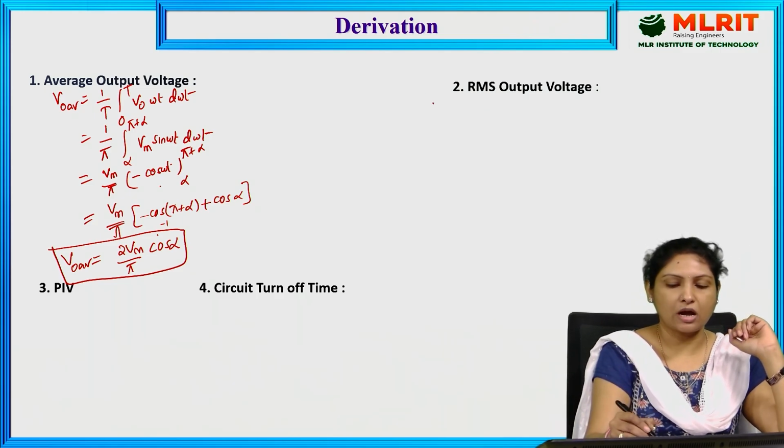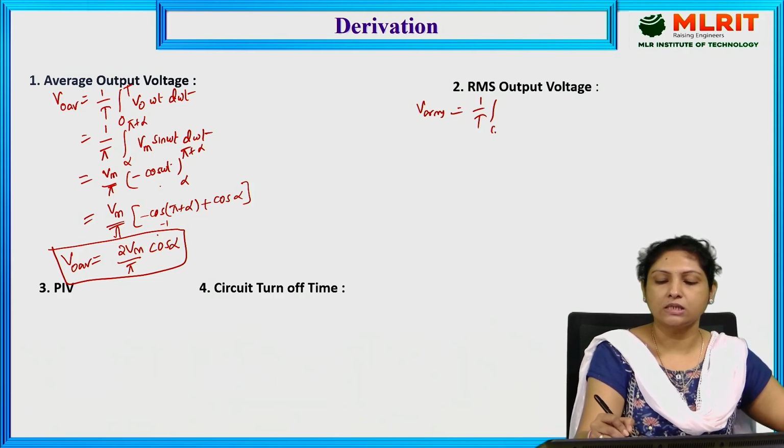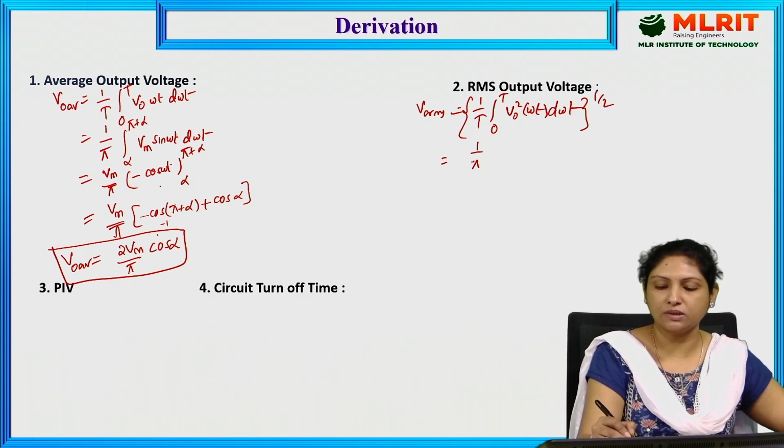Similarly, for the V0 RMS expression, let us see the general formula: V0 RMS is equal to 1 by T, integral 0 to T, V0 squared of omega t d omega t, whole to the power of 1 by 2. And here the total time period is, as we have seen previously, 1 by pi.